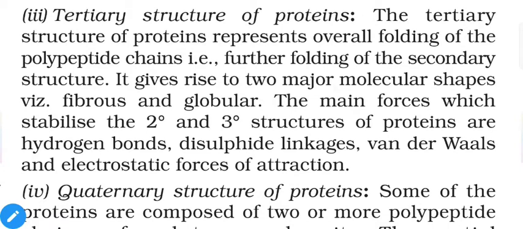For disulfide linkage, we need some specific amino acids present in proteins, because we need sulfur to form disulfide bonds, while the remaining hydrogen bonds, van der Waals, and electrostatic forces will be present in all of the proteins, because all of them contain certain portions which can produce hydrogen bondings, and van der Waals force of attraction is applicable to each and every type of particle.